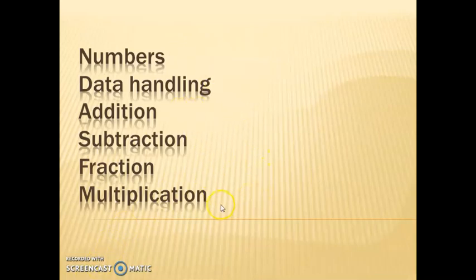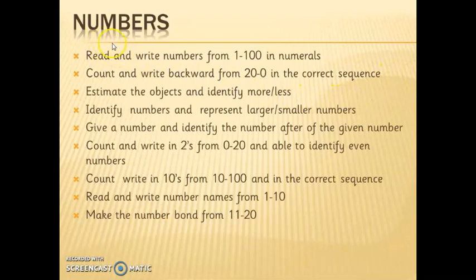For your further elaboration, let us do the recall of our first area, that is numbers. Students, as you can see in front of you, in numbers, we have different topics, and in each topic you have practiced numbers with different strategies. Dear students, let us go through the learning outcomes of numbers. Our first learning outcome, you have learned how to write 1 to 100 in the correct sequence. The second learning outcome, you have learned the backward counting from 20 to 0 in the correct sequence.